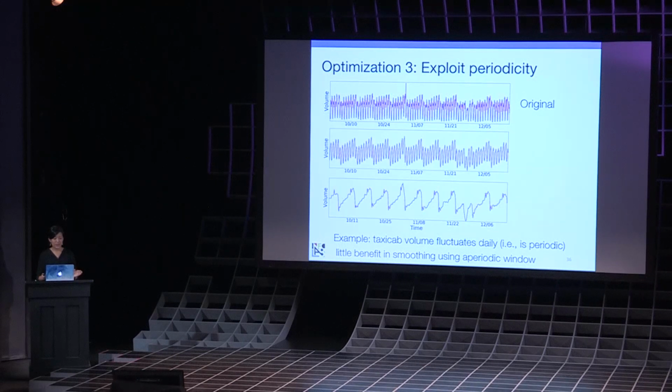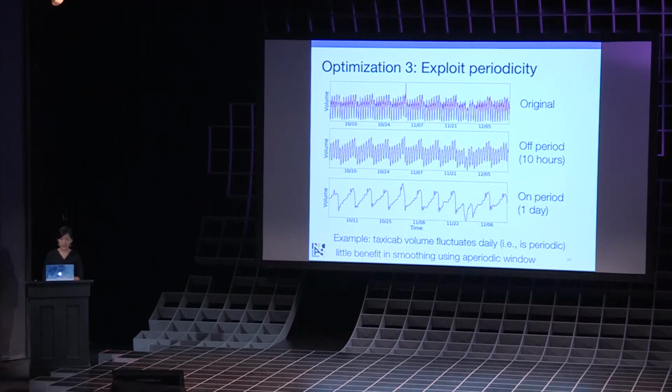For example, here I have 2 smoothings, one with a random window of 10 hours. You see that with this window, I still get a lot of the fluctuations in the original plot, whereas if I smooth it using a day period, the resulting plot looks a lot smoother.